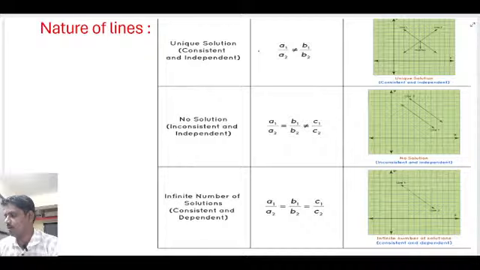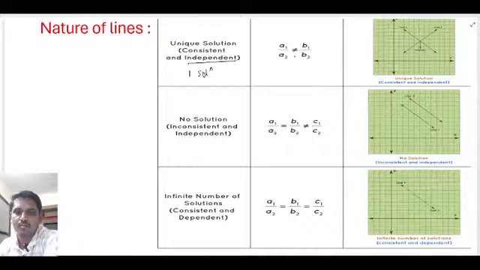So we say the system is consistent, and in this case particularly the system is independent. The two equations are independent and they only have one common solution, and in such case system is consistent. So here question is, what is consistent and inconsistent?